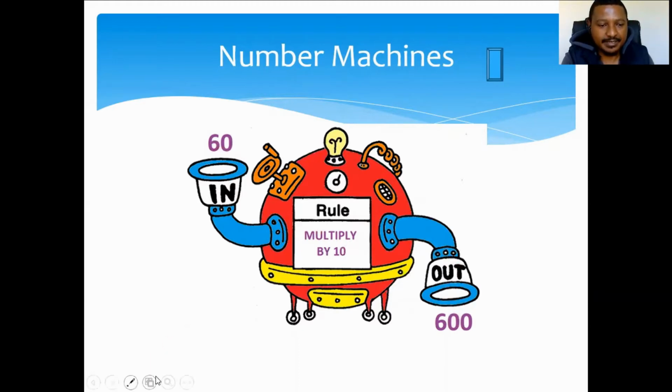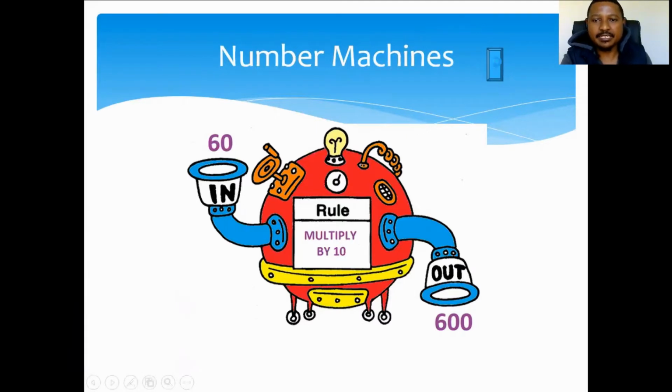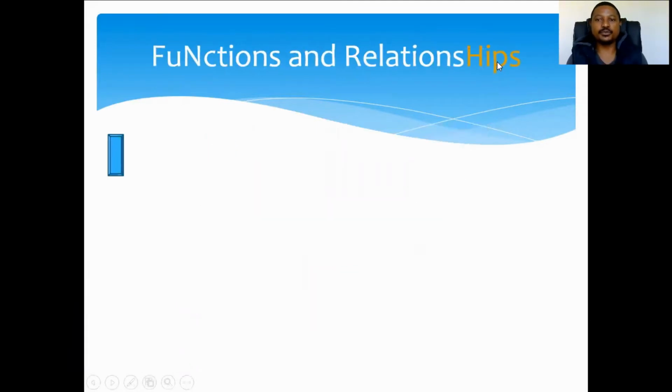So this is not anything new, learners. The number machine and the functions and relations that we'll be discussing are not anything new. It's the stuff that we've done a while ago.